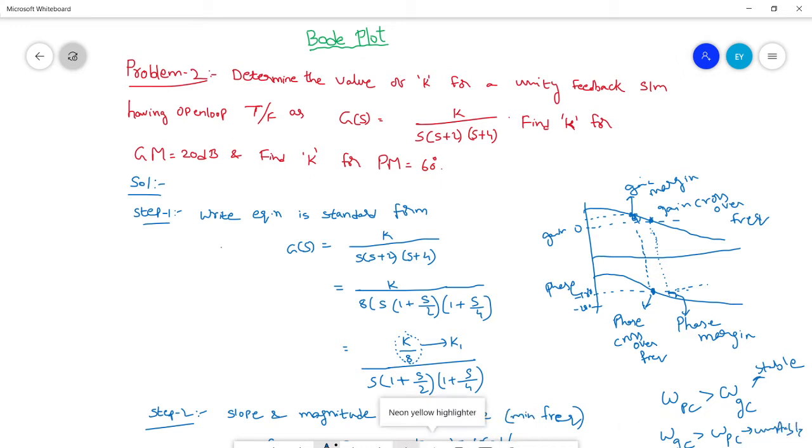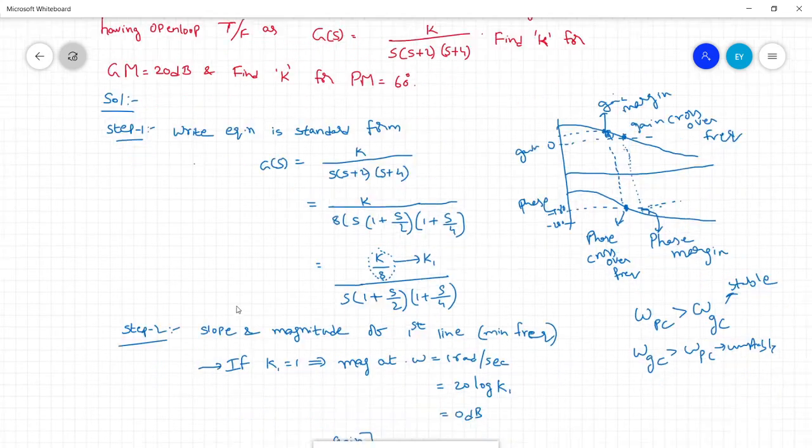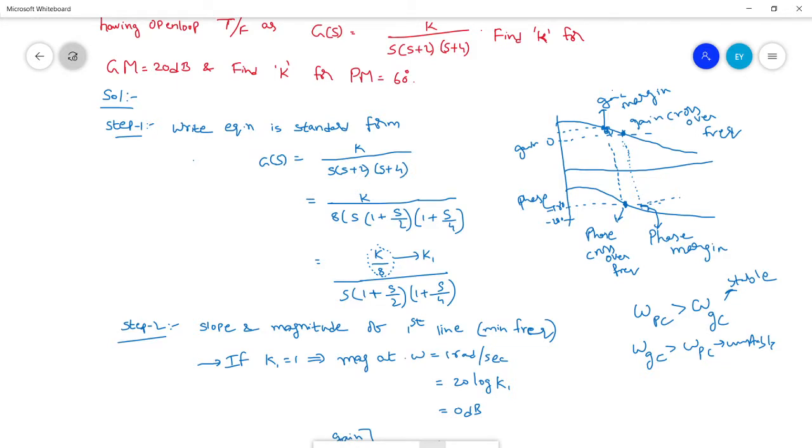And if the phase crossover frequency is equal to the gain crossover frequency, omega gc equal to omega pc, then the system is marginally stable, right? So these are the conditions.